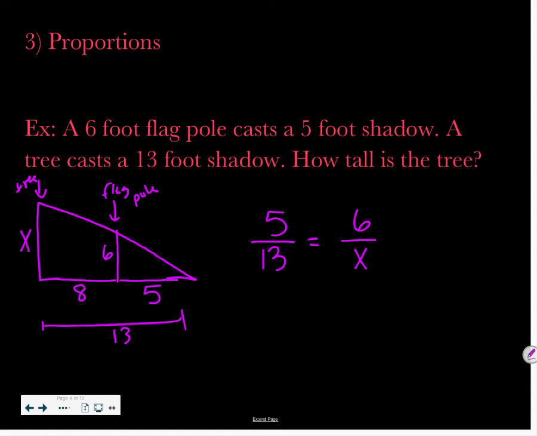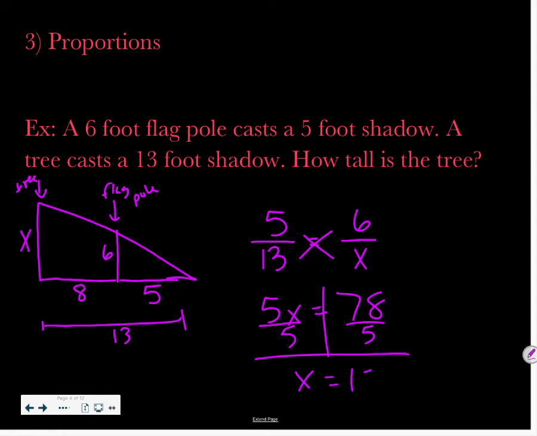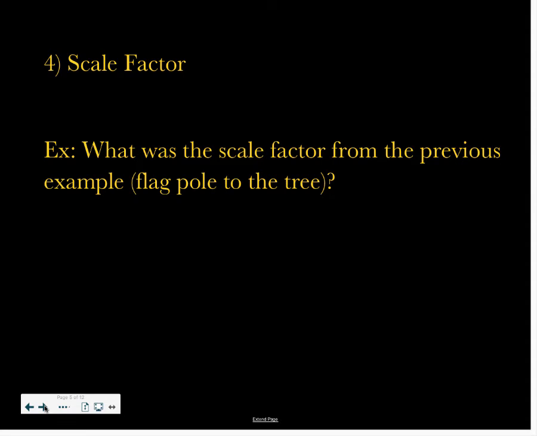So now that I have my proportion set up, I can cross multiply. So I have 5x equals 78. And if I divide by 5, I have x equals 15.6 feet. Okay? 15.6 feet.